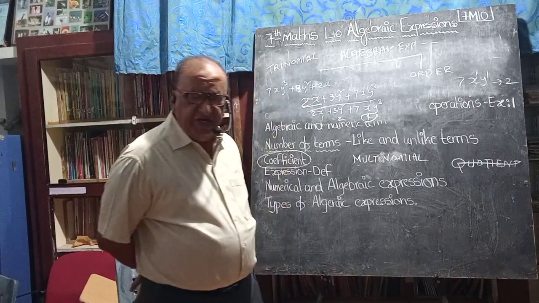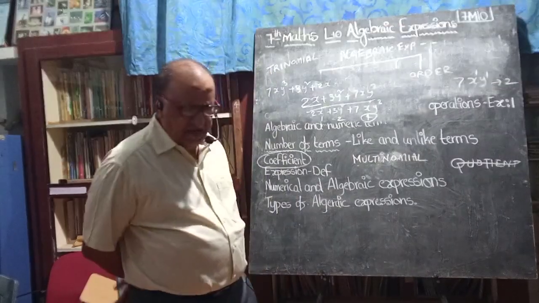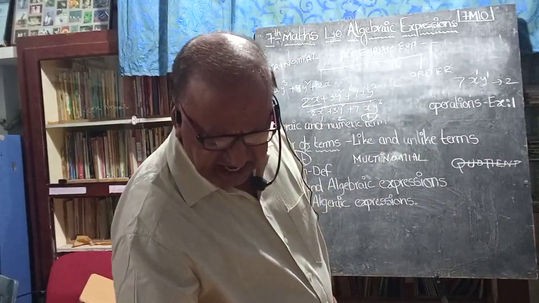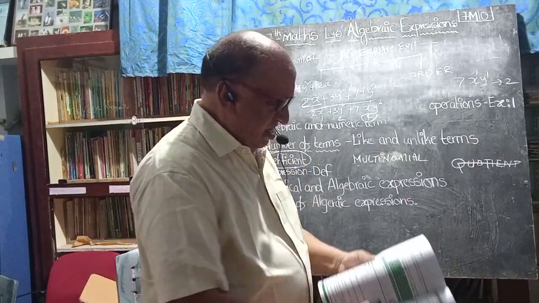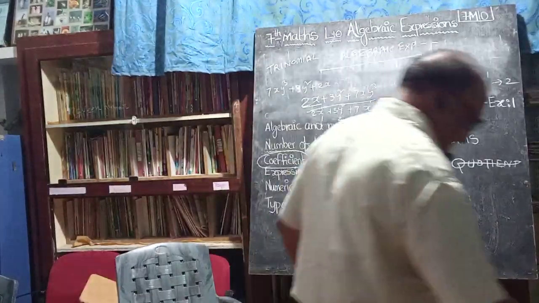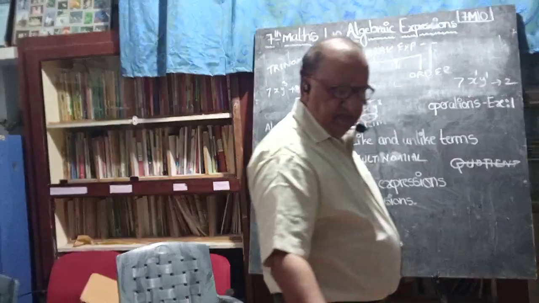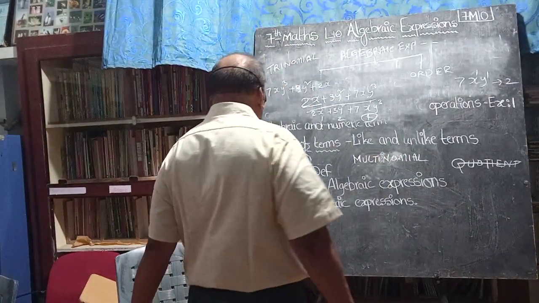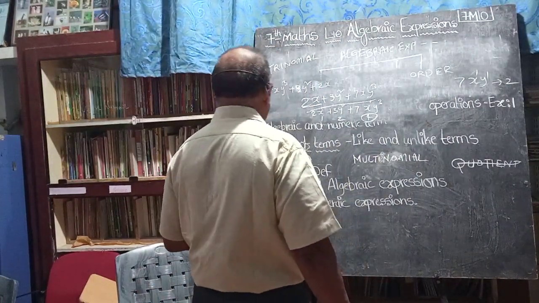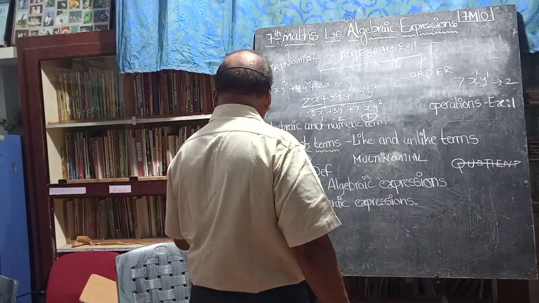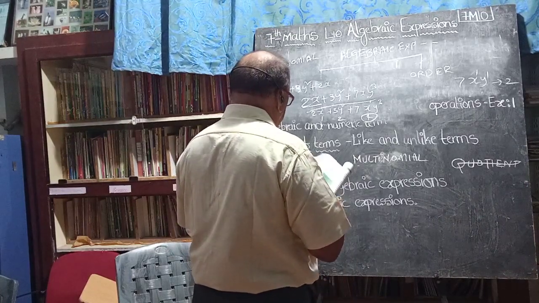Now I am going to do some problems quickly, so that I can finish this chapter. I mean, finishing the chapter is not the criteria, but I will tell you how to do it. Let's see.